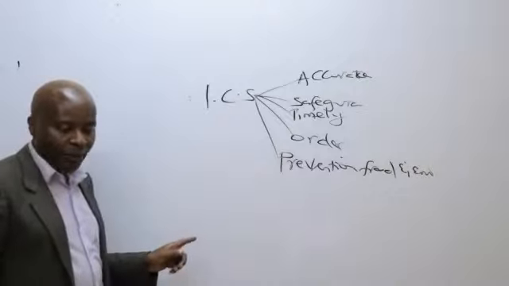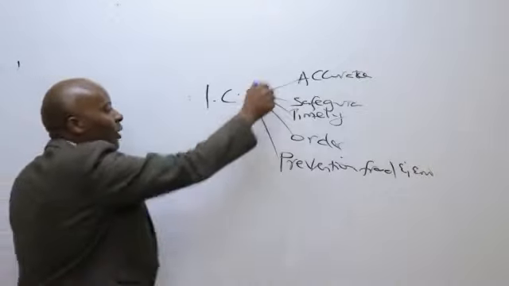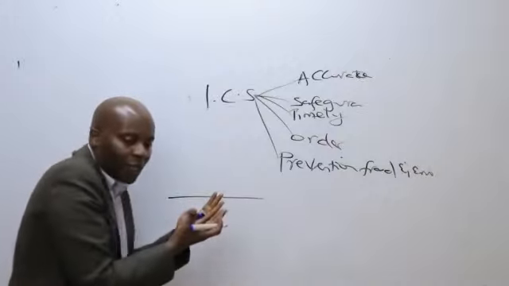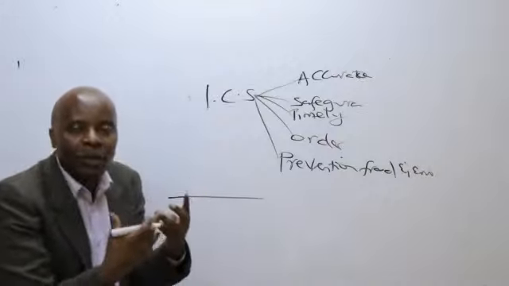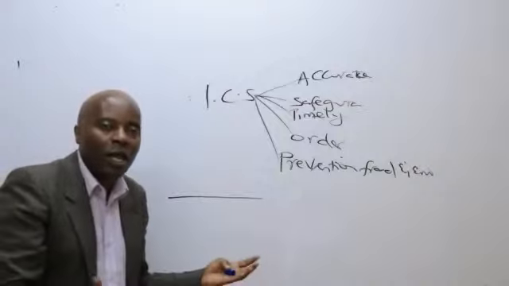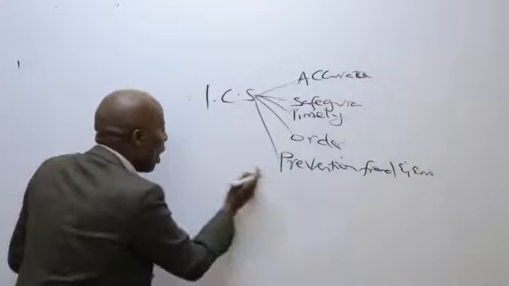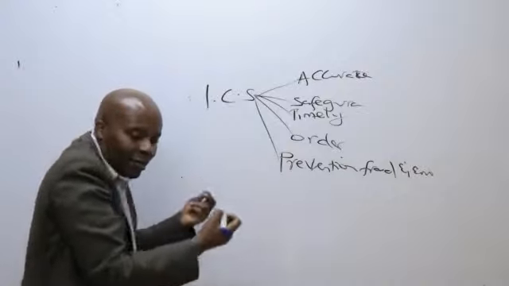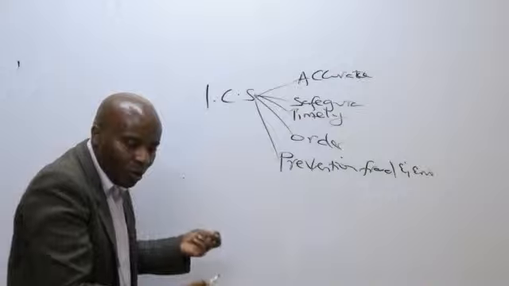Now, ladies and gentlemen, if the internal controls are meeting these 5 objectives, then as an auditor, I will do very little work because the internal controls are strong. So if they are strong, number 1, I will not really do a lot of work auditing.